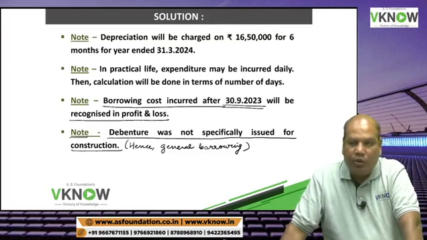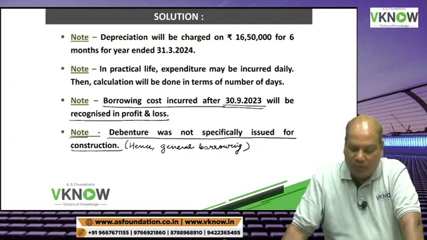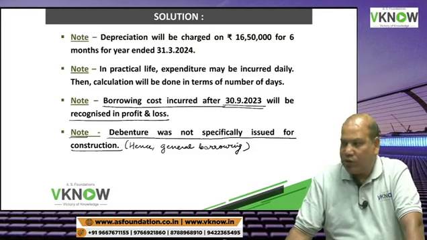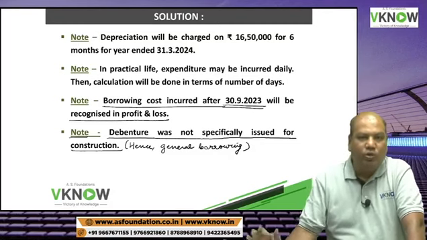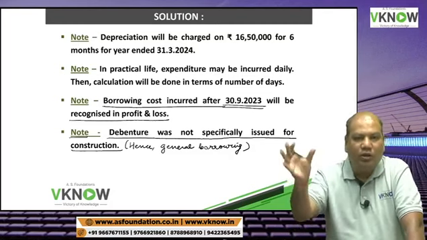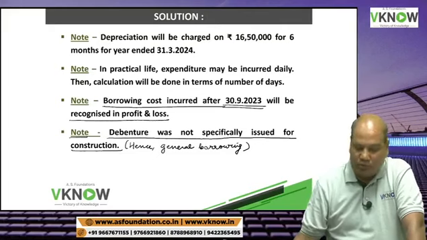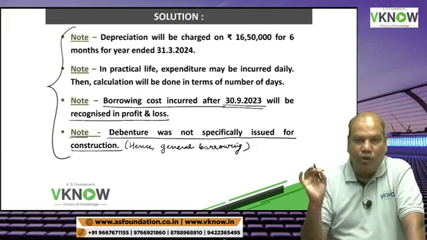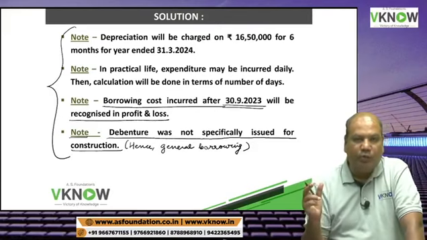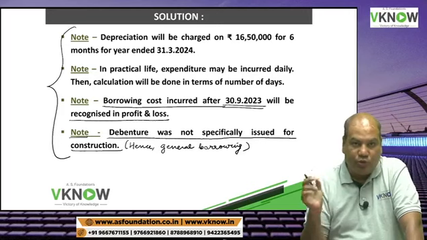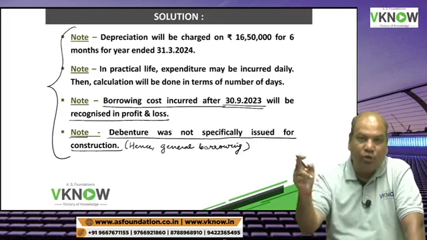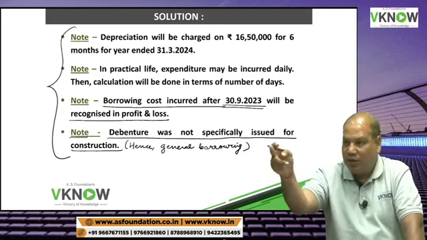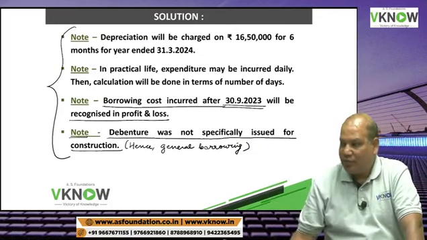In specific borrowing, actual interest is capitalized, so all this calculation will not be required. Total interest cost incurred will be capitalized. Hence, general borrowing. So tell me, did you enjoy this question? A very different type of question for conceptual clarity. Those who have enjoyed will say yes, yes, yes.